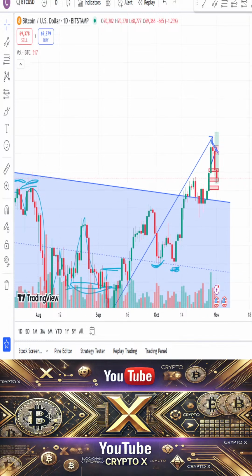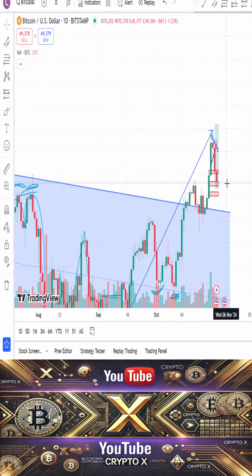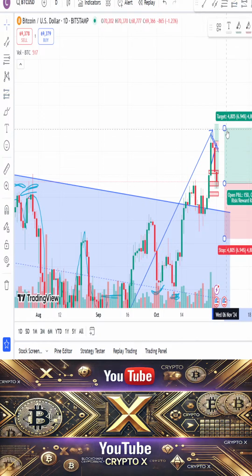Yep, you can see a proper retest and it's going upside. Because of that, we had entered around 70,000 here, around here. And we had captured till 70,600, around 600.